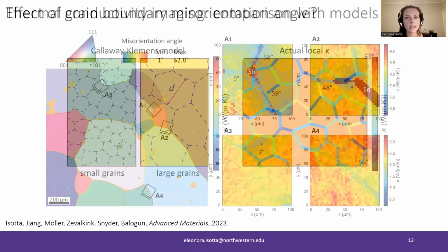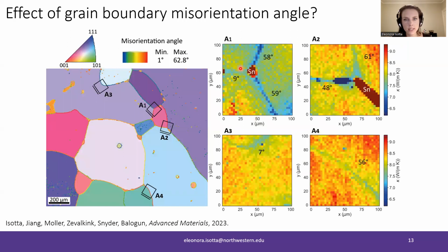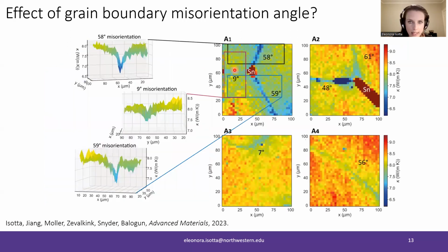And this is quite easy to see, for example, if you look at this area A1, where we can clearly see that the central grain boundary has a lower thermal conductivity suppression as compared to the top or the bottom boundary. And we think this has to do with the grain boundary misorientation angle. In fact, the central one is a low angle grain boundary, while the other two are high angle grain boundaries. And this would be in accordance with the dislocation model of grain boundaries.